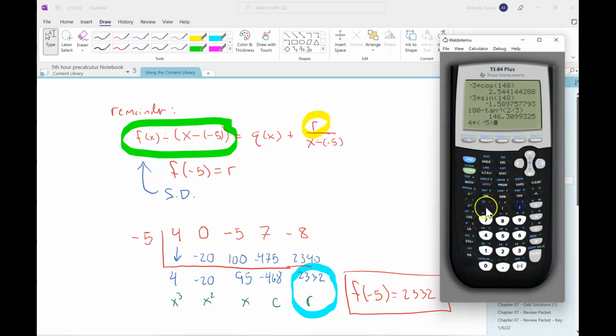Make sure when you're plugging things in, though, that you're putting a parenthesis around the negative number before you do the exponent. I see quite frequently students skipping that step and then getting the wrong result, because the calculator is going to very strictly apply the order of operations, which means it's going to do the exponent of the number before it does the negative sign.